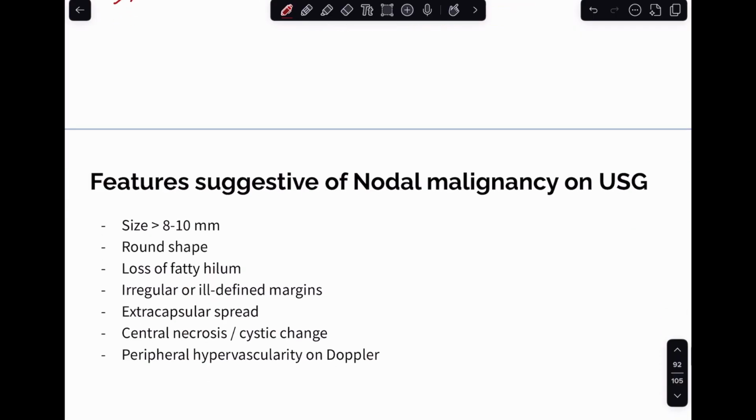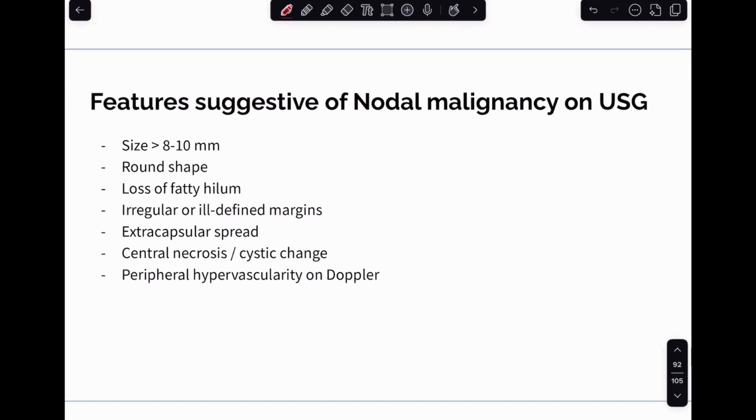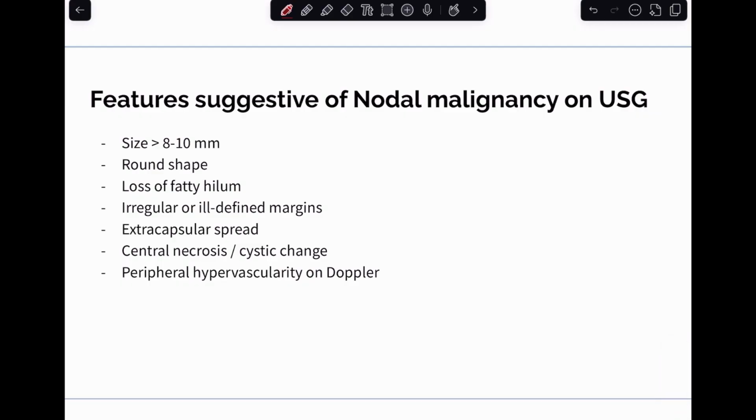Next question is, what are the features on ultrasound that you'll find which will be suggestive of nodal malignancy? This is a very important viva question asked to you. So the answer is size would be more than 8 to 10 mm. This size actually depends on the node that you're choosing. I'm talking about the cervical nodes over here, but for all other nodes, axillary nodes, and inguinal nodes, this number would vary.